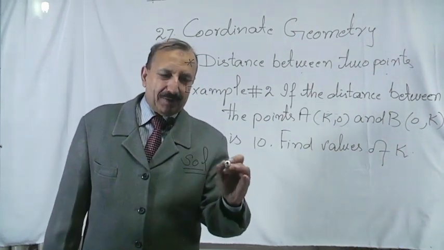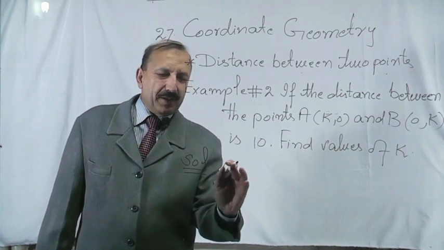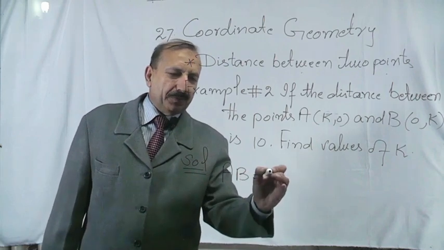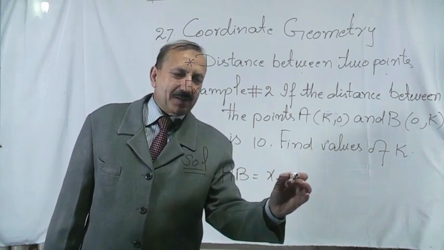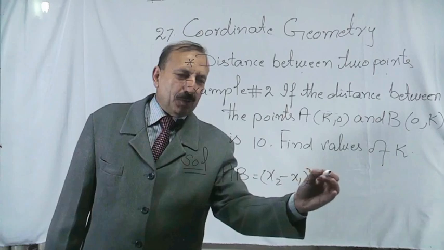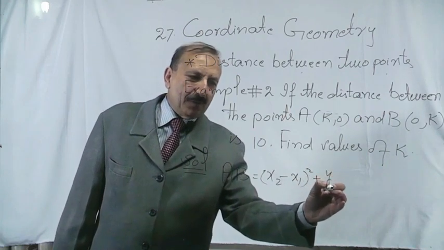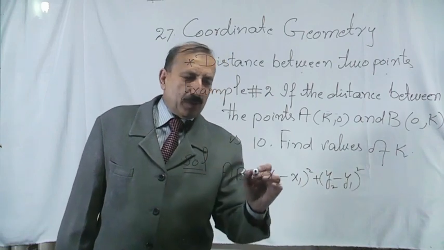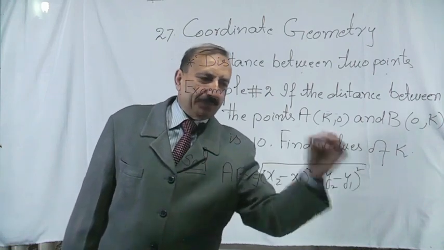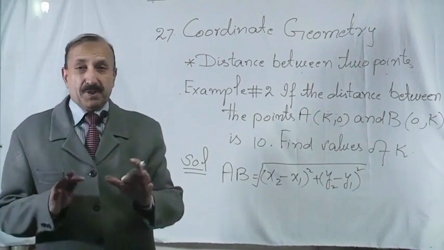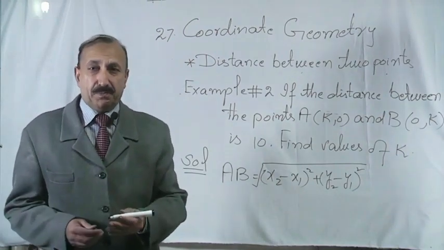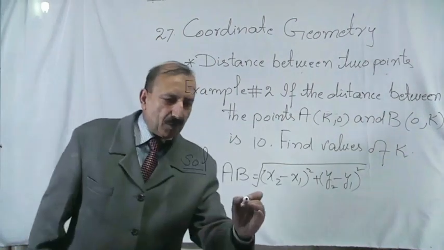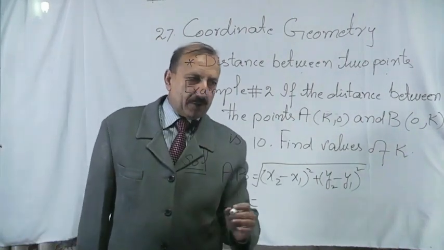Let's write the formula first. Distance between A and B is equal to the square root of (x2 minus x1) whole square plus (y2 minus y1) whole square. Now in a similar way as we did in some basic examples, we will substitute these two values and carry on our process.